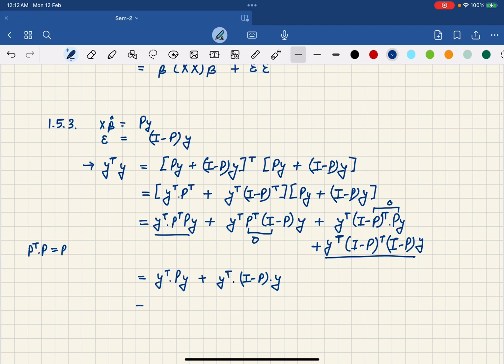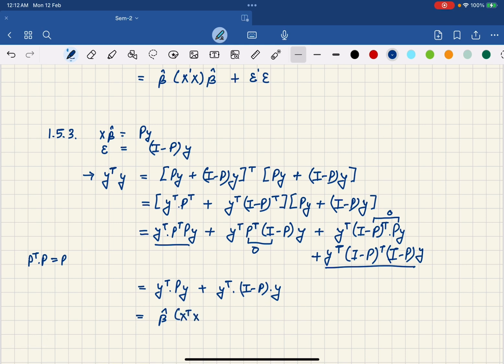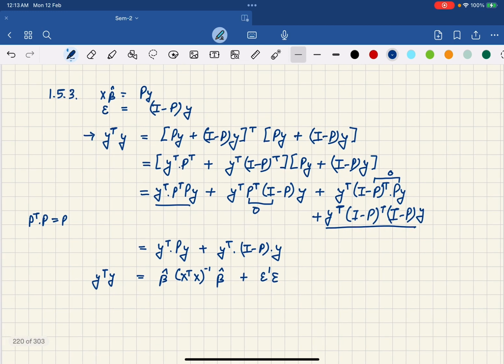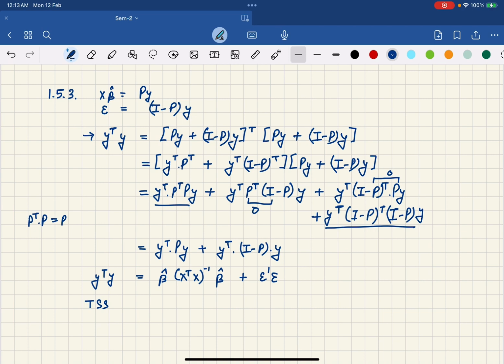Okay, and when you put the value of y, you will get b hat X transpose X b hat plus the residual term. So again your left hand side, the total sum of squares, is equal to your explained sum of squares plus your residual sum of squares.